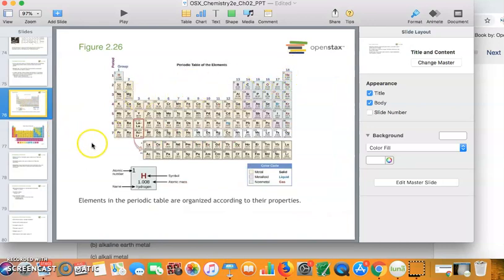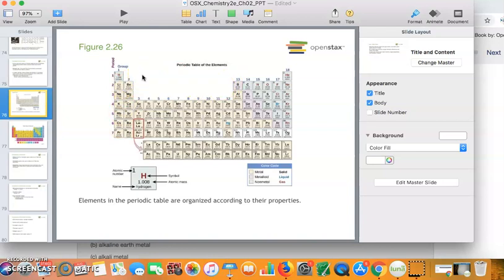Okay, so periods are the rows, and groups are the columns. The group names are also something we're going to learn, the family names. We said earlier that Mendeleev organized the periodic table based on the masses.